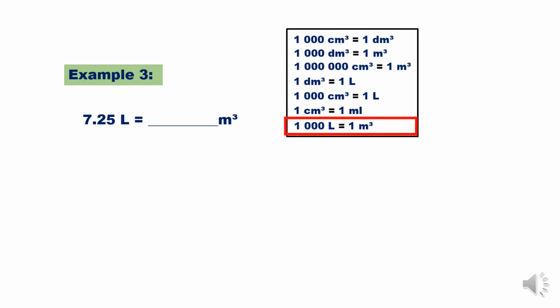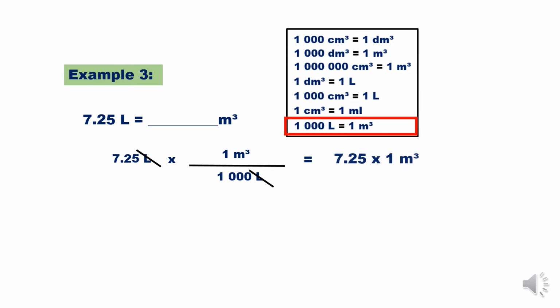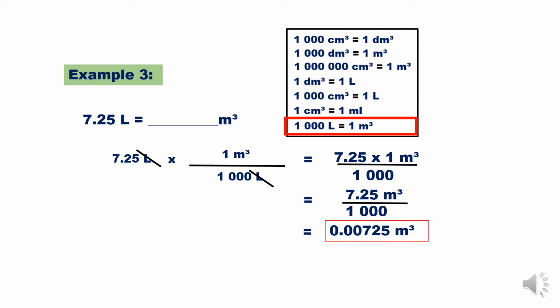Yes, there is. So, we multiply by that conversion and the denominator will be the liter. Then, cancel. Multiply 7.25 times 1 over 1,000. Let's multiply 7.25 divided by 1,000. The answer is 0.00725 cubic meter.